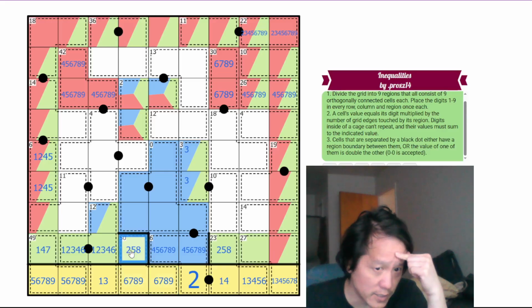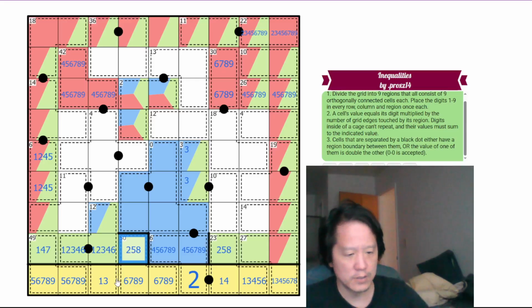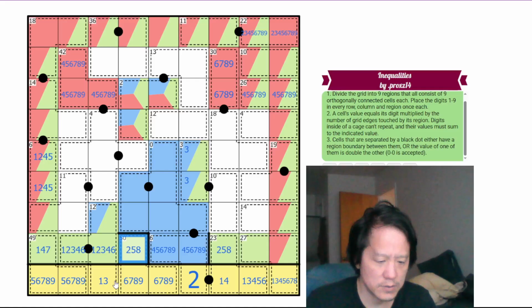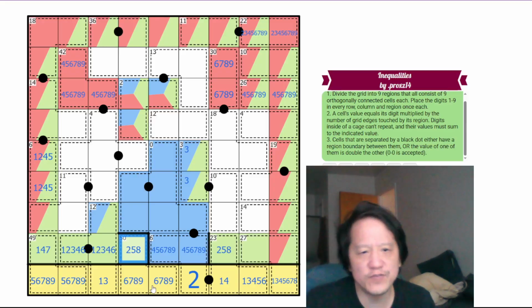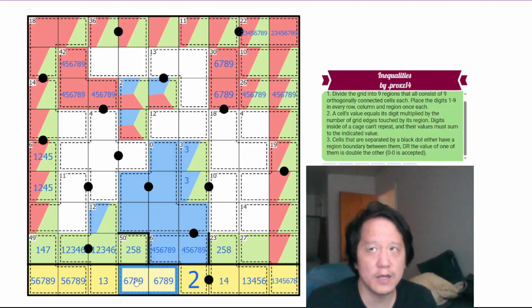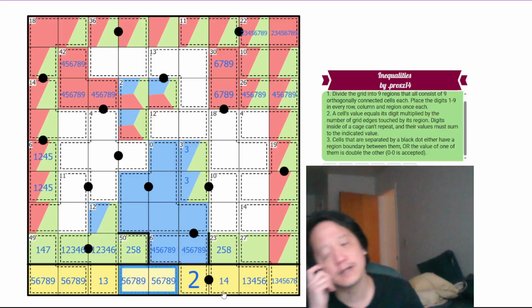What about 8? Anyways, 50 minus 8 is 42. 42 divided by 3 is 14. So it cannot be 6, 8. It would have to be 5, 9 there.